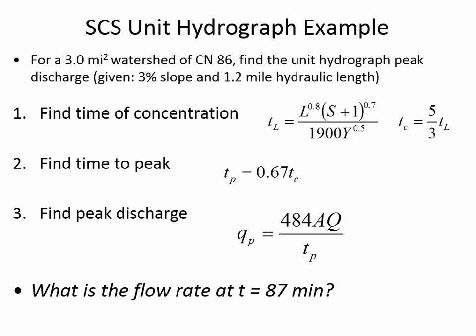All right. To calculate the time of concentration, we start with the lag time. Okay, lag time T sub L is going to be L to the 0.8 power times S plus 1 to the 0.7 power, over 1900 times Y to the 0.5 power.